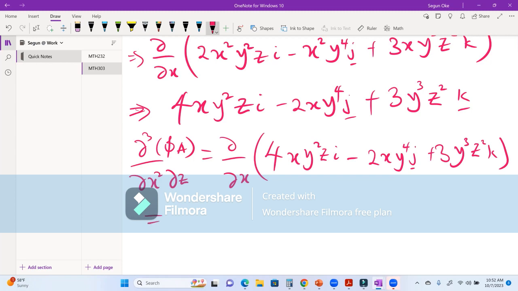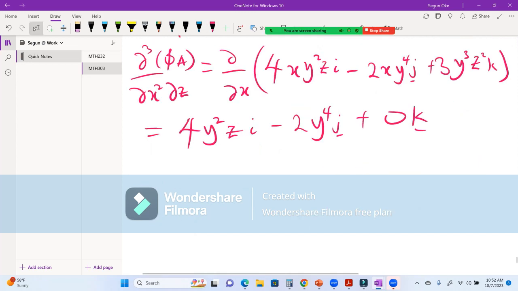We have 4y squared i, it's again minus 2y4 j, there's no k here because there's no x. So this is what we have.